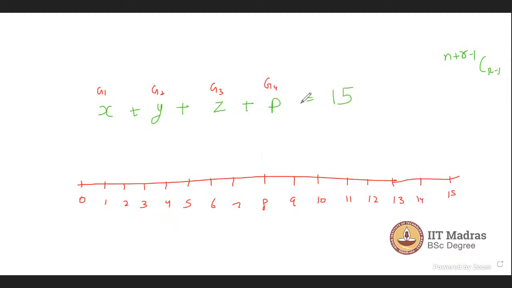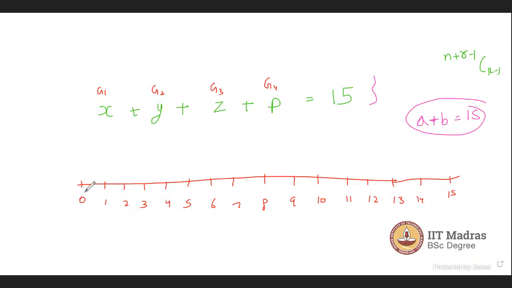Let's not move to the fourth thing yet. Let's move to something smaller. Suppose A plus B equals 15. In how many ways can you do that?